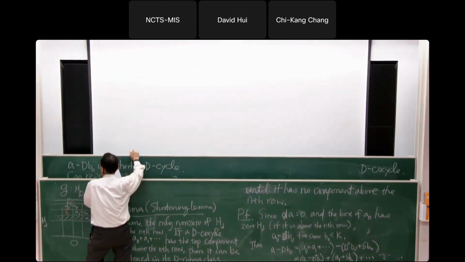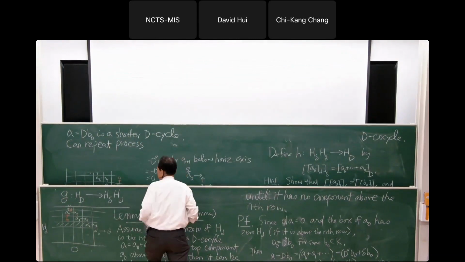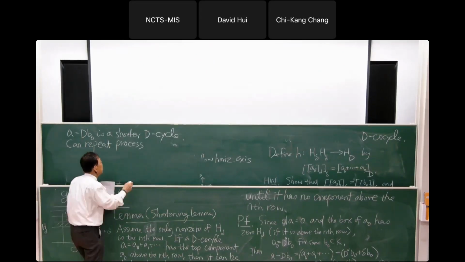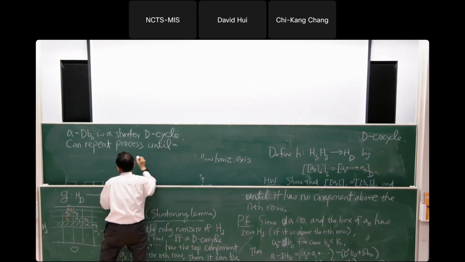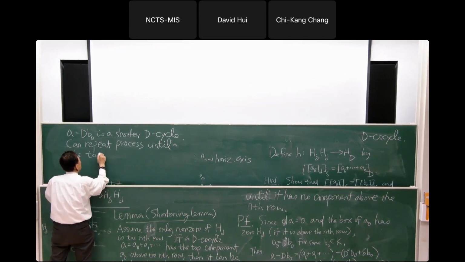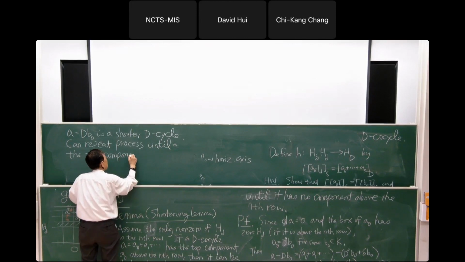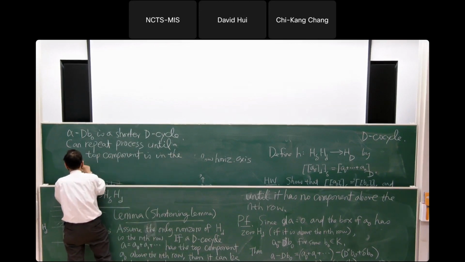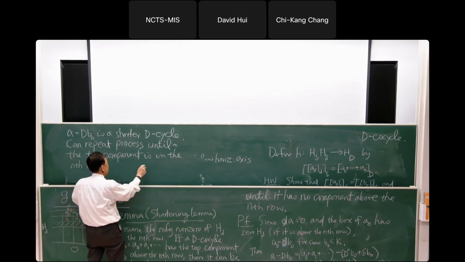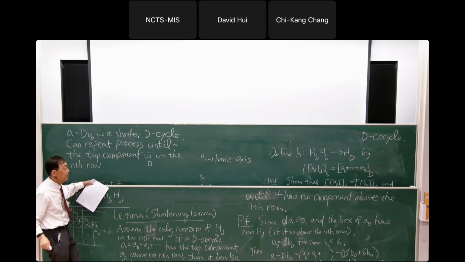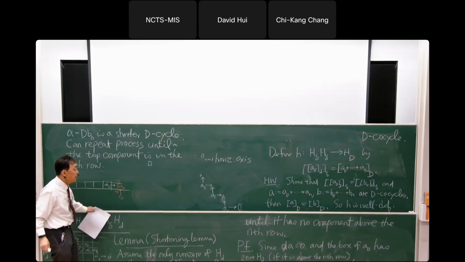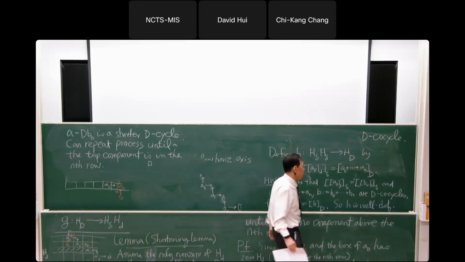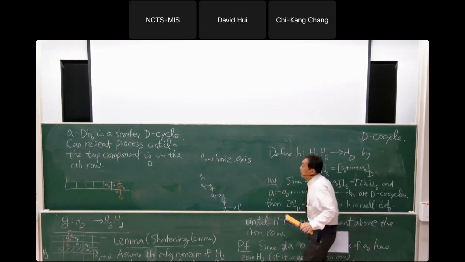That means if you start with a cocycle, you can assume that its top component is in the nth row.